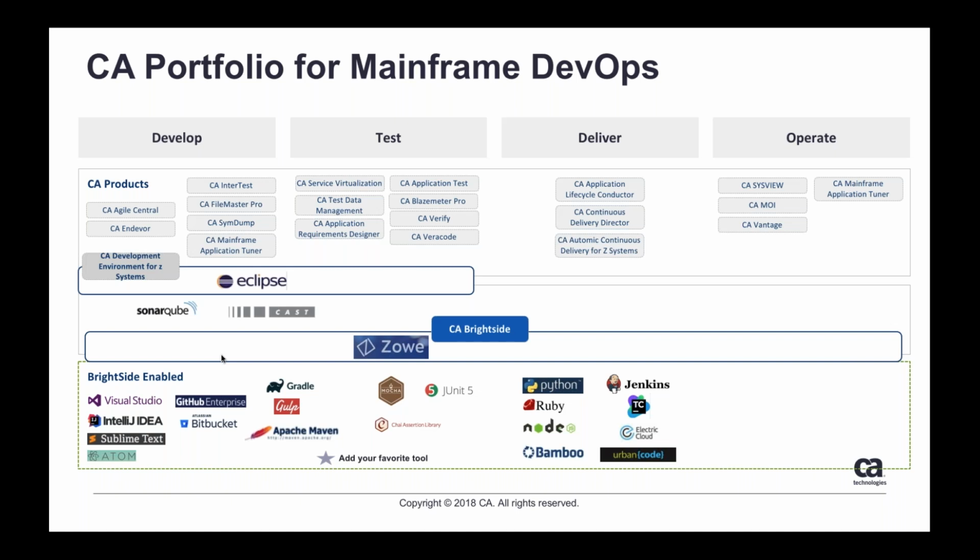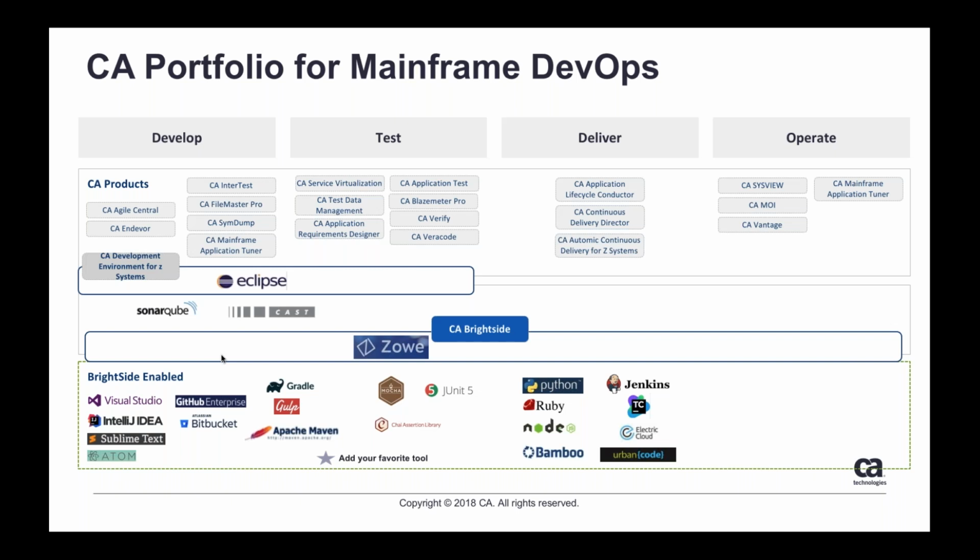At the top of this diagram, you can see various different tools organized according to different phases of a typical development cycle that maybe you're not familiar with. And then towards the bottom, you see two initiatives that are aiming towards simplifying and enabling more developers to be effective and efficient working with mainframe.